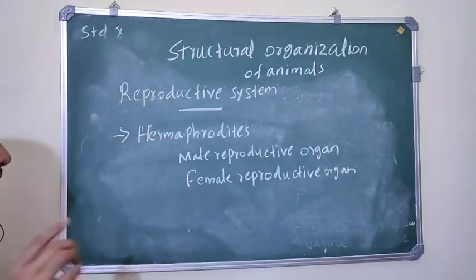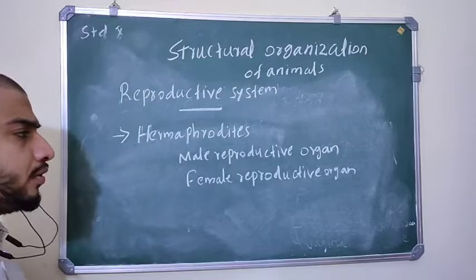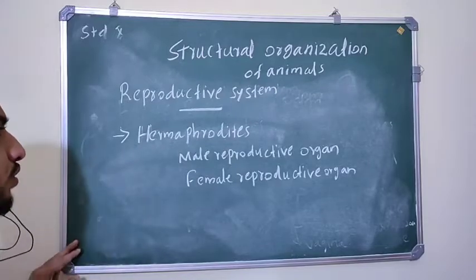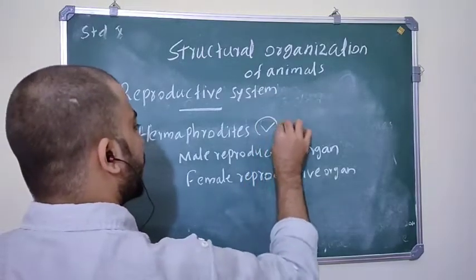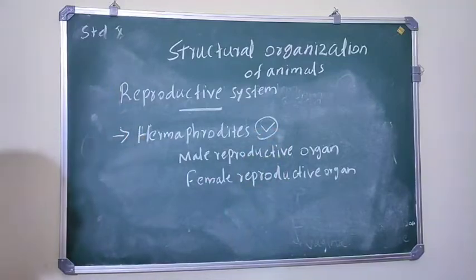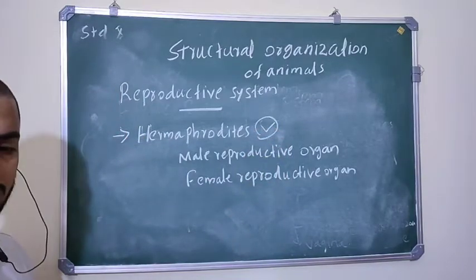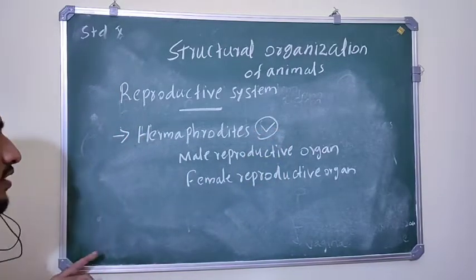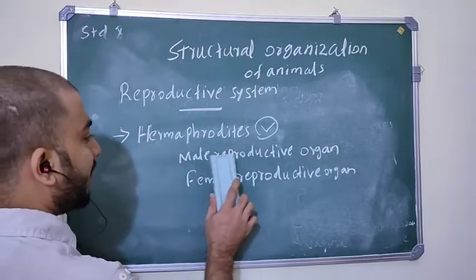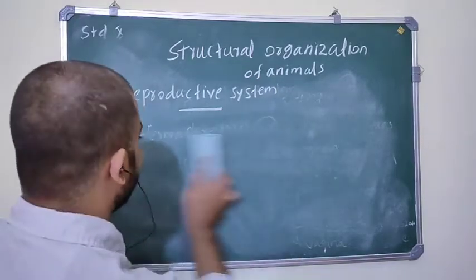Animals with both are called hermaphrodites. So leech is an example of a hermaphrodite. Okay. Next we are going to discuss the male reproductive system of the leech.